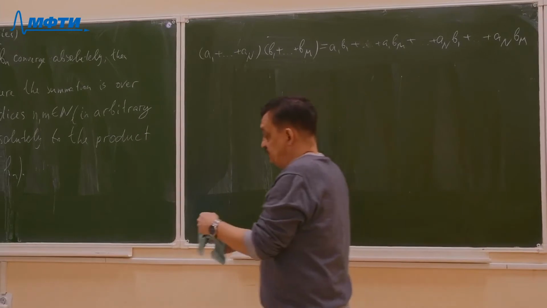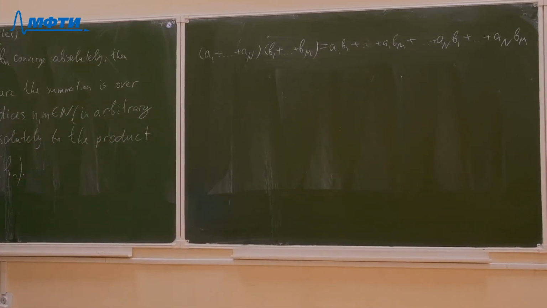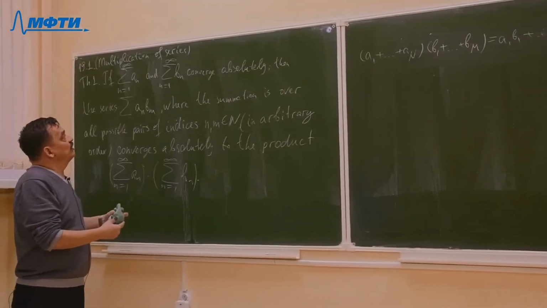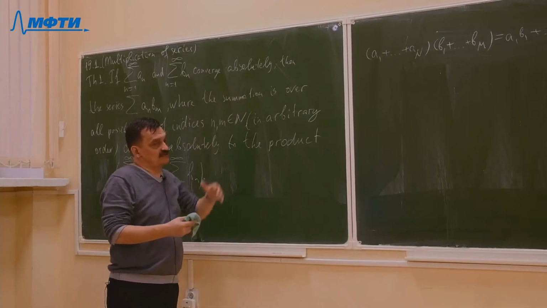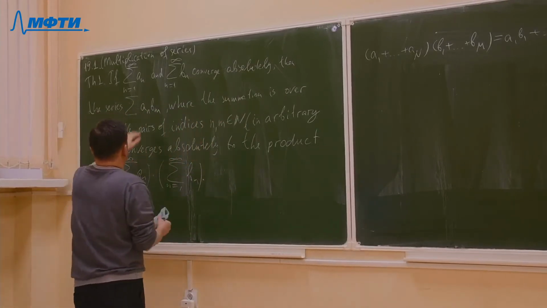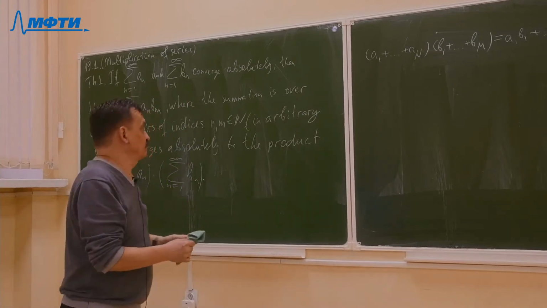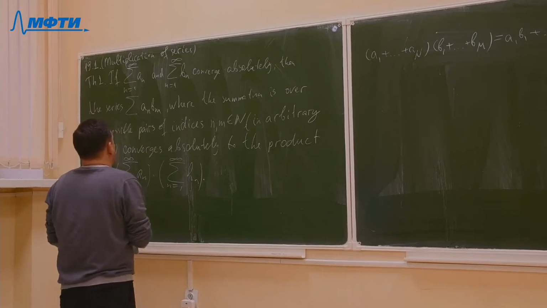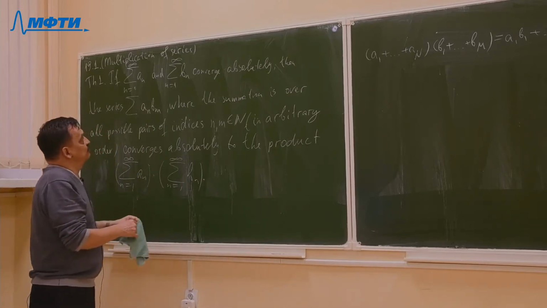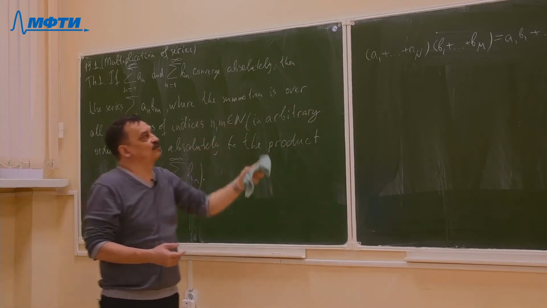Now the question is what to do with infinite sums. And we know that if series converge absolutely, then we have no problem with order. We can rearrange without any problem. And in fact, it turns out that we can also multiply like we did for finite sums.